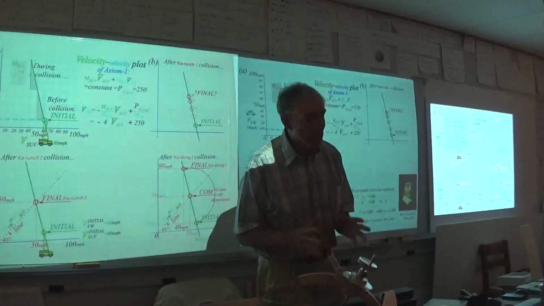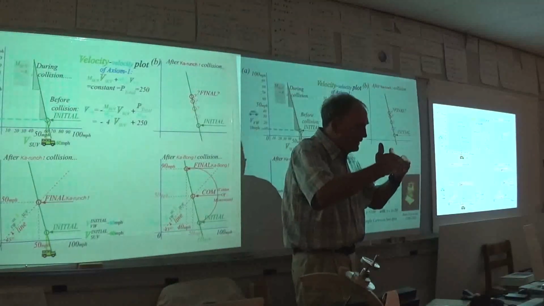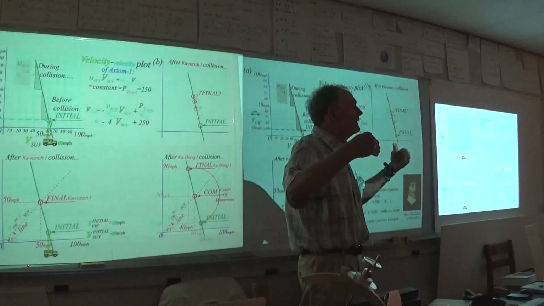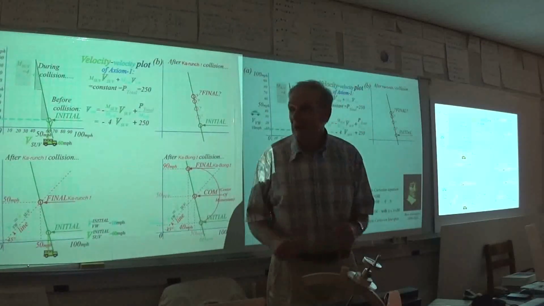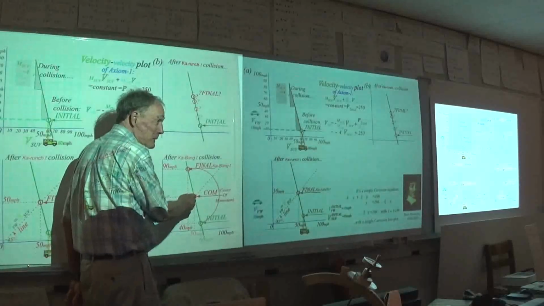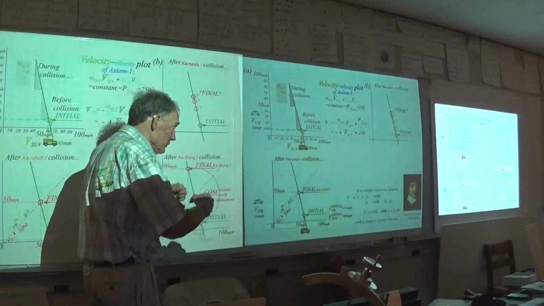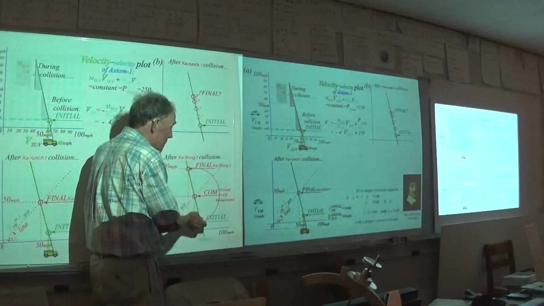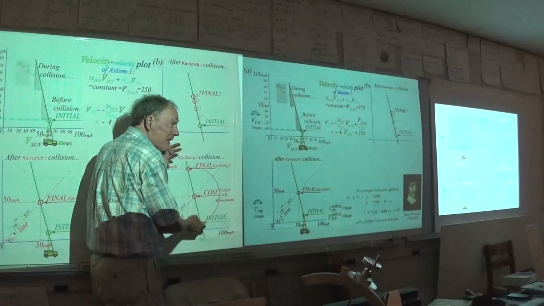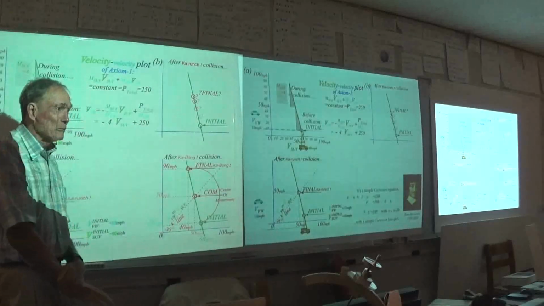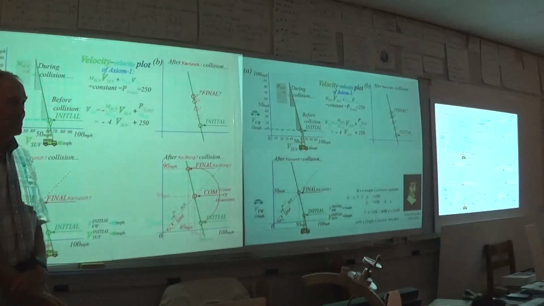In other words, this collision you can undo. So what's going to happen with the crunch is you're just going to go in and stay there. But if it's elastic, you go in and you come back out again by exactly the amount you went in. That's the idea. That's what it means to do time reversal symmetry.